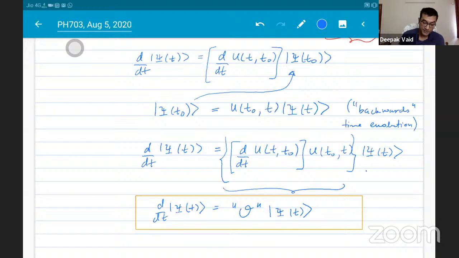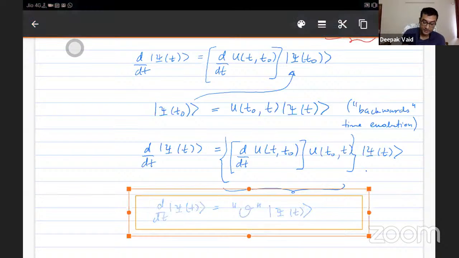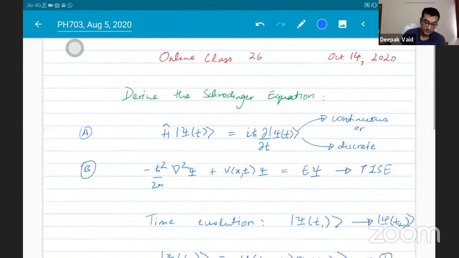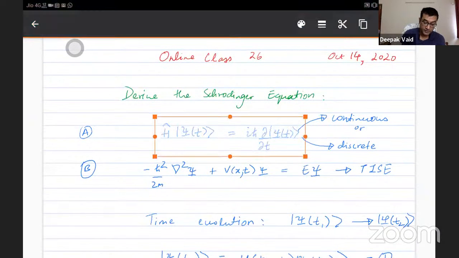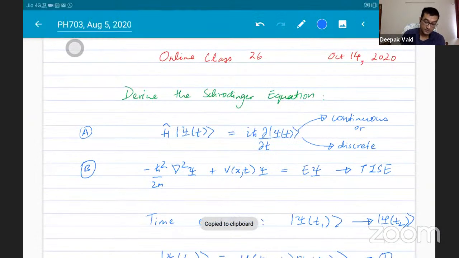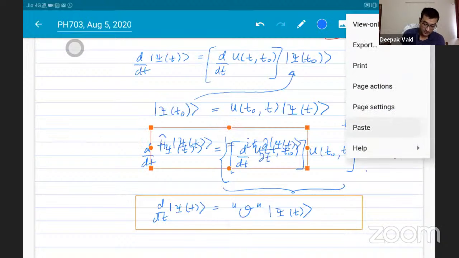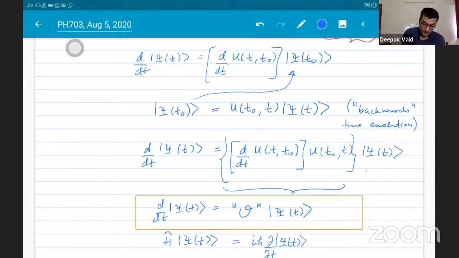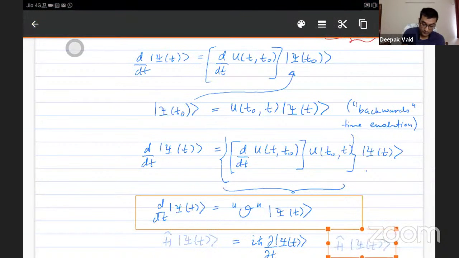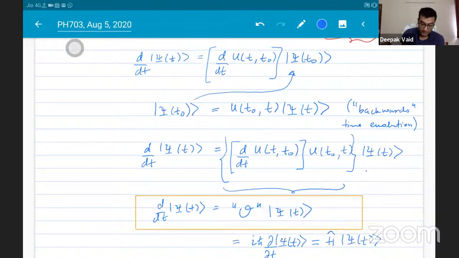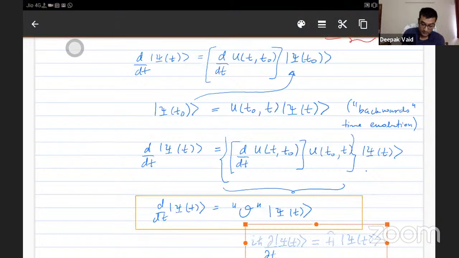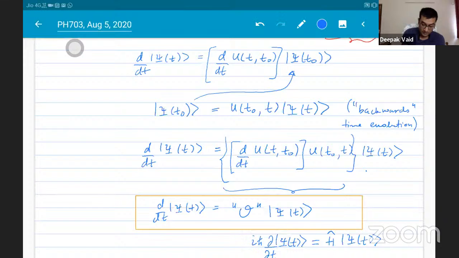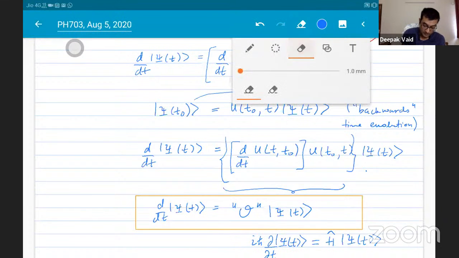Okay, and you can see that this expression has the same form as our original Schrodinger equation.